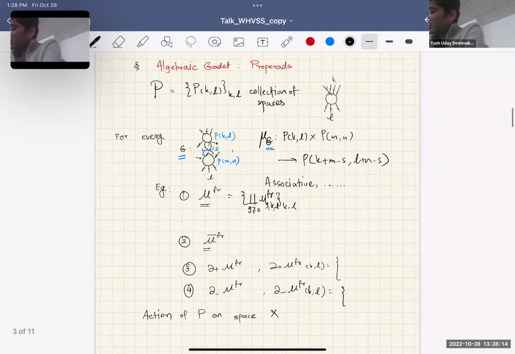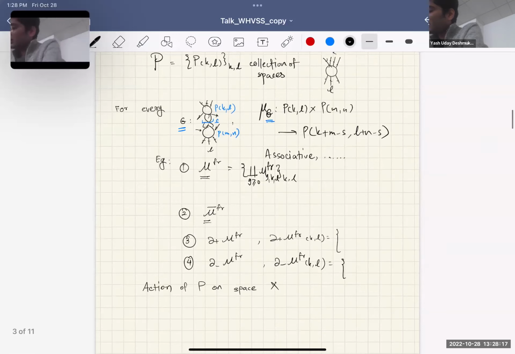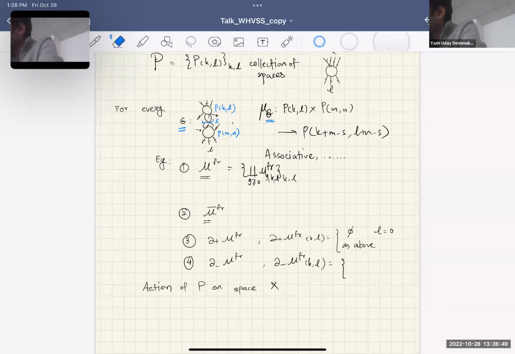Now there's going to be one more type of properad that's going to be important, and this is positive boundary M frame. What this means is we only consider Riemann surfaces which have at least one output. So the spaces of operations with k inputs and l outputs are declared to be empty when l is 0, and they are as above in M framed for l positive.